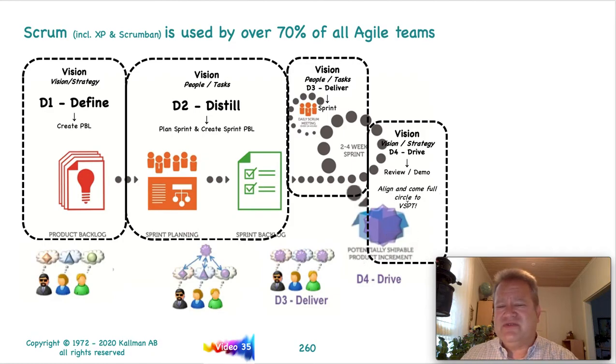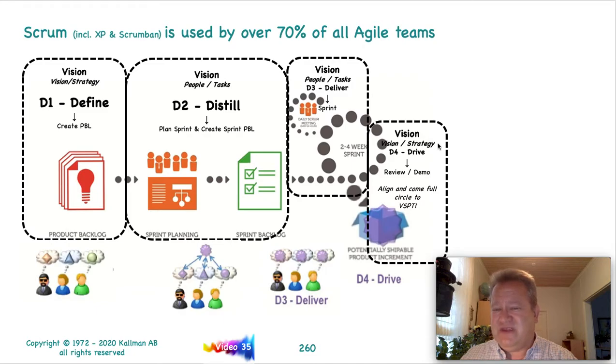And you're coming full circle to the VSPT, because its vision and strategy is in the big product backlog. But people and tasks, that's the sprint planning and creating the sprint backlog, what needs to be done. And for the delivery, that's just doing what you said you were going to do, and that's, again, people and tasks. So as far as VSPT goes, it's VS, PT, PT.